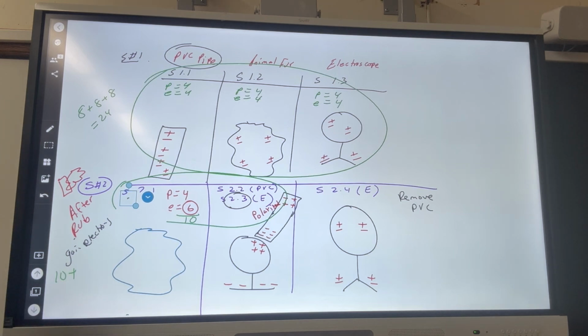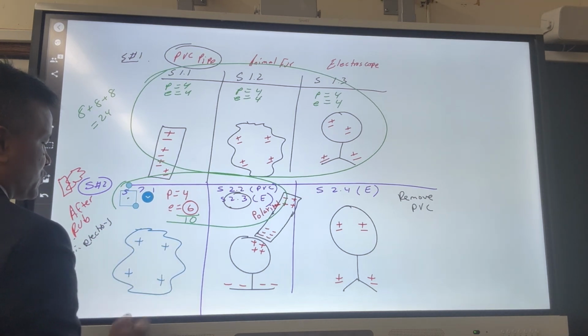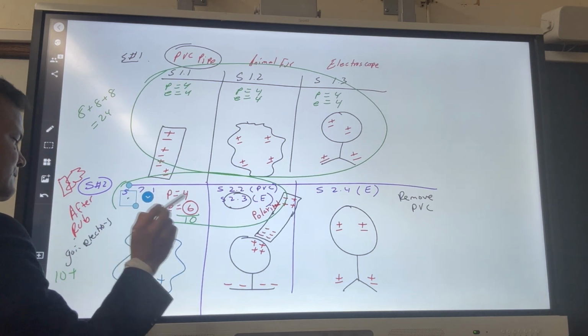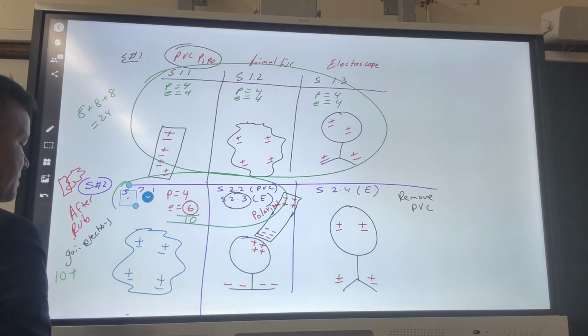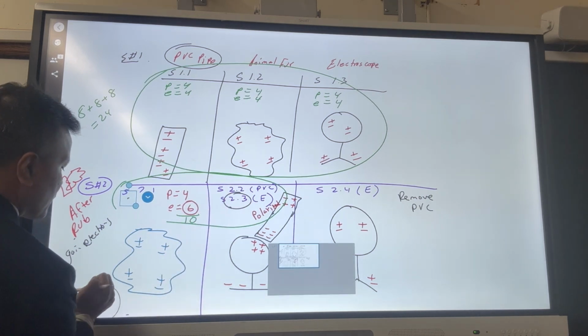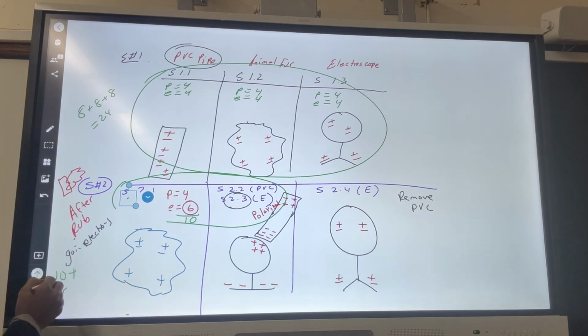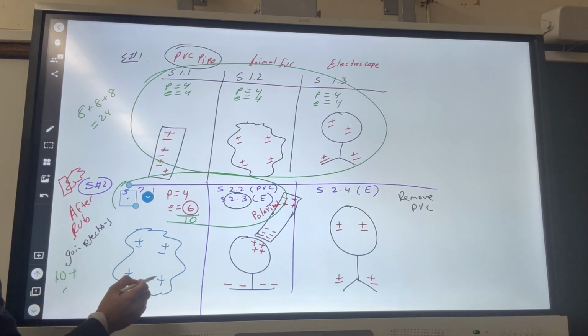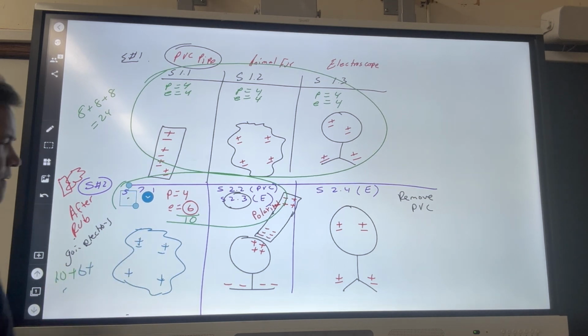Okay. Animal fur has 1, 2, 3, 4 proton, and it lost 2 electrons. To where? To the PVC pipe. So it's no longer have 4 electrons. It has only 2 electrons. So 10 plus 1, 2, 3, 4, 5, 6 plus.